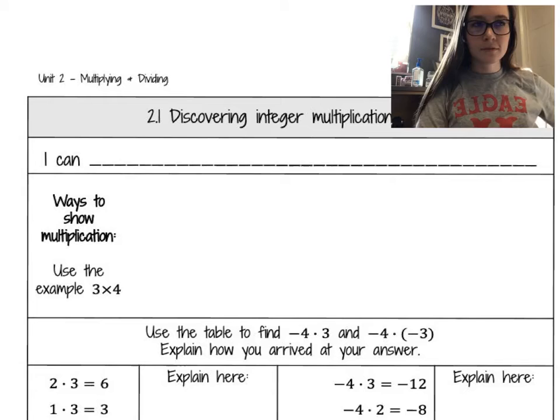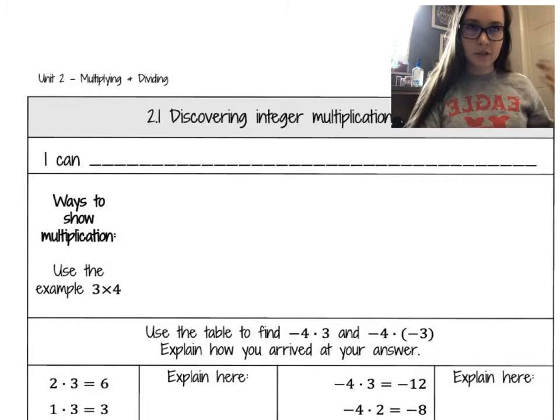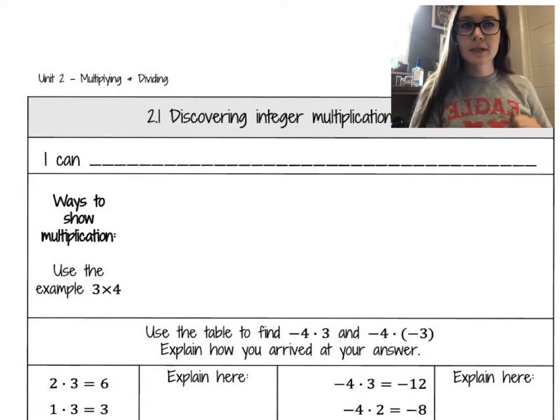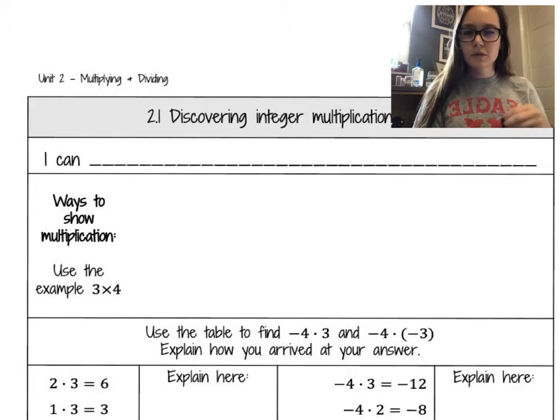Alright, so new packet, same story, starting with our I can statement. We're going to be looking at some stuff and seeing what is happening when we multiply integers.